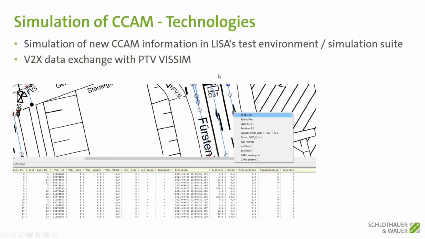And if you want to go further, just to simulate maybe bigger networks where we have a couple of Lisa controls with that V2X extension or the CITS controls, you can also use PTV Visum. And last year there was an extension made by PTV Visum where we can exchange the necessary data we need from the simulation directly. So you can also use the CITS methods in Visum.